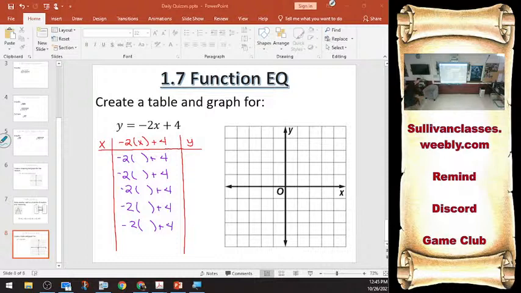So, I got a table all set up and ready to roll. We've had plenty of time. Okay. The numbers that I will personally pick, well, if I don't see an x, if I don't see something over a denominator, if I don't see a fraction in front of an x, then I get to pick whatever numbers I want.